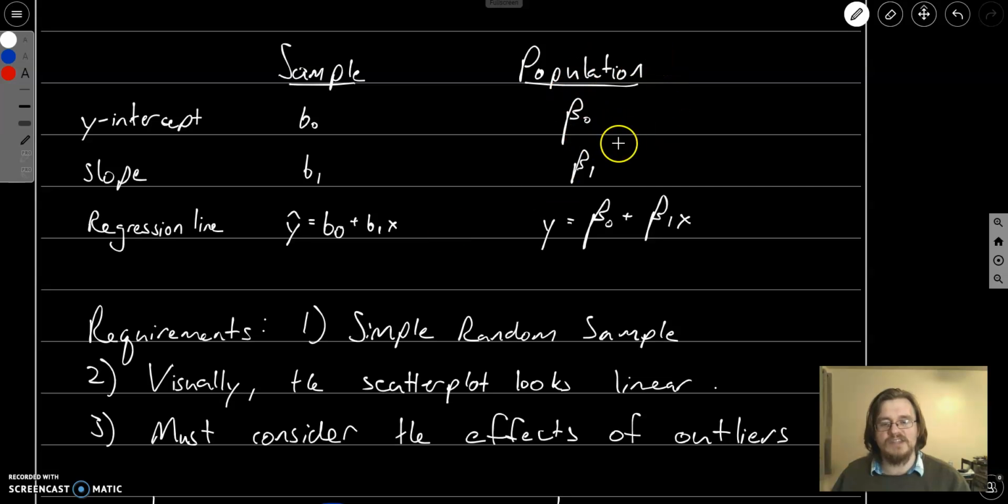Whereas for the population, just like with a couple of other letters, we use the Greek letter beta instead of B. So it's beta naught and beta 1 for the regression line. And if we're talking about the whole population, we don't have predicted values anymore, because it's just exactly those data values. So we would just use y instead of y hat.